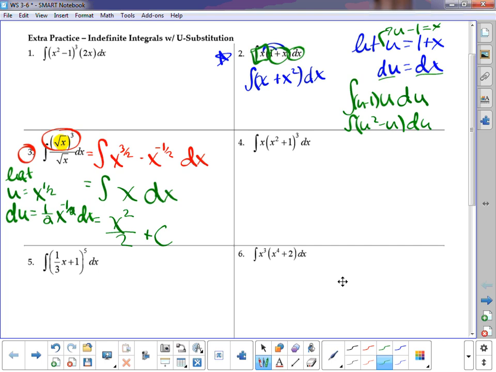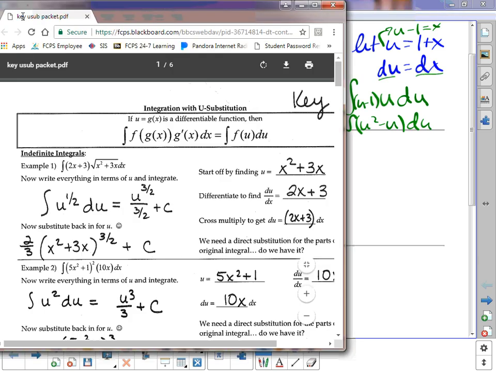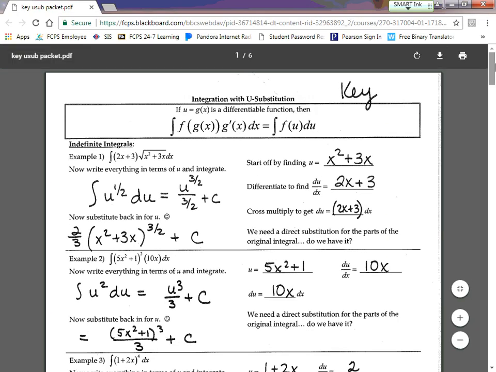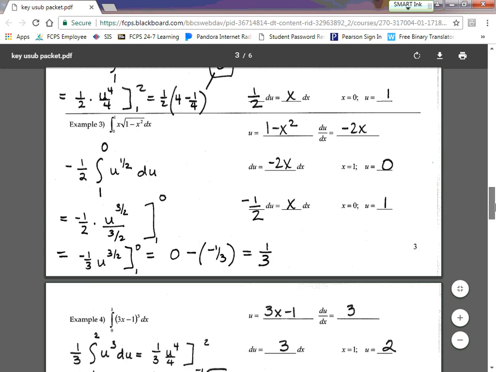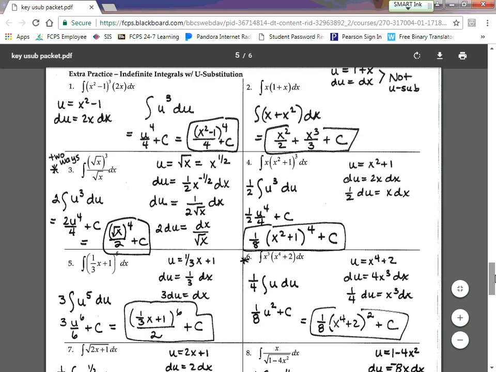So if we take a look at the answer key for number 3, they had a different answer than x squared over 2 plus c. So let me pull it up real quick for you. For number 3 here, we can see that when they did u substitution, they got this for their answer. So square root of x to the 4th power.